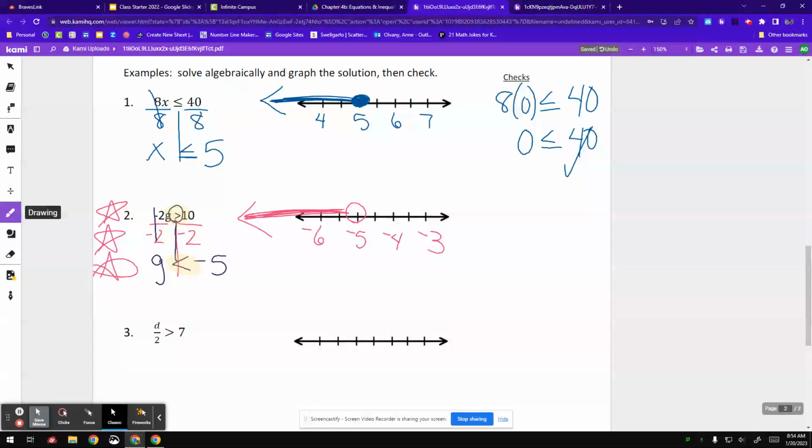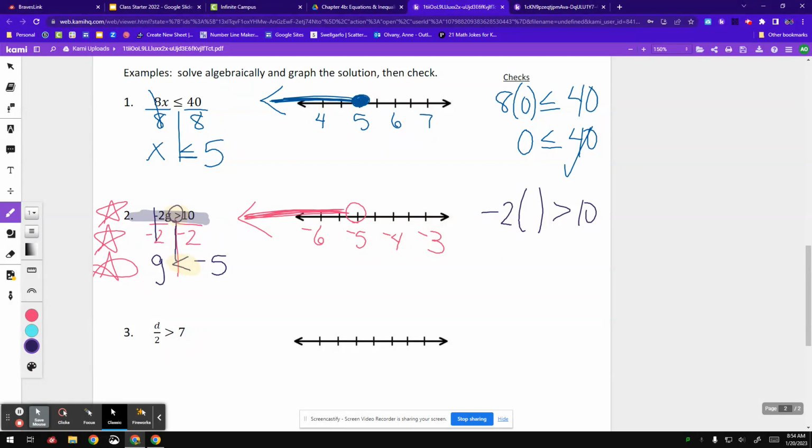Now I have to check. When you check, you use the original. So I'm going to use negative 2 times something is greater than 10. The check does not have a flip in it. I'm checking the original problem before I did all my crazy flipping. What number is going to fall over there, Carrie?